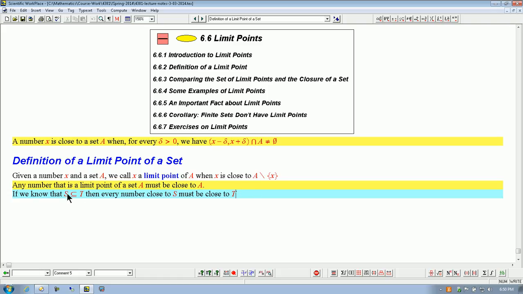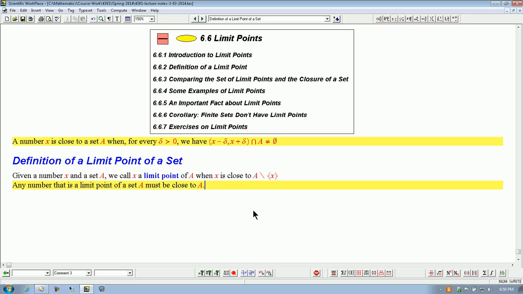Suppose that a number is close to S. If you take a stick around it, the stick contains members of S. It certainly contains members of the bigger set T. You see? So every number that is close to that set will certainly be close to the bigger set A. Okay?